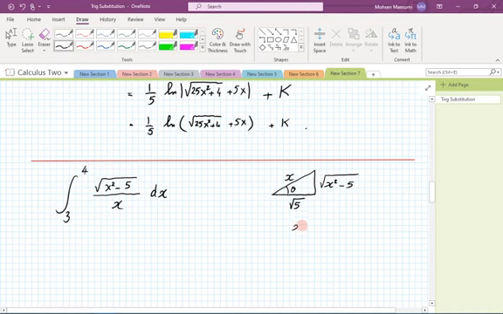So we'll have x equal to, connecting these three things to each other, square root of 5 times secant of theta. Then what is my dx? Take this as a number; the derivative of secant is secant tangent d theta.